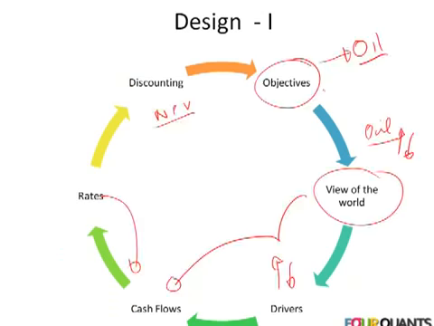Now, effectively, if I go back, I'm saying I've got model objectives. I'm building a power plant. I need to figure out how oil works. For me to figure out how oil works, I need to figure out how different views of the world would have an impact on oil prices. I then need to figure out what the primary drivers are that determine and impact my view of the world with respect to oil prices. Then I need to translate that into cash flows, into interest rates, into an NPV model.